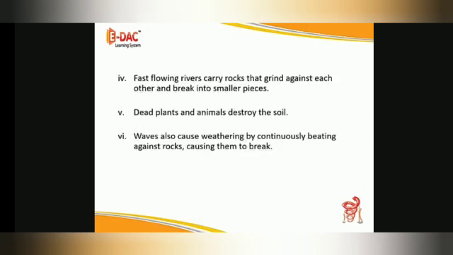Fourth, fast flowing rivers carry rocks that grind against each other and break into smaller pieces. Fifth, dead plants and animals destroy the soil. Sixth, waves also cause weathering by continuously beating against rocks, causing them to break.